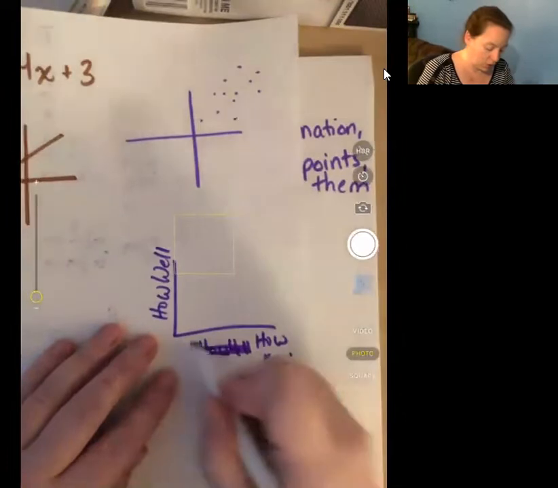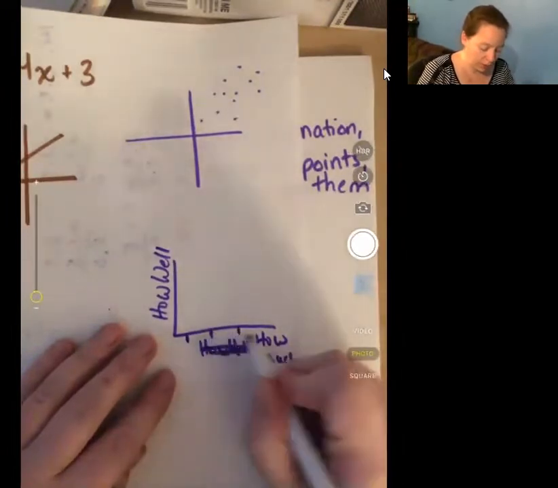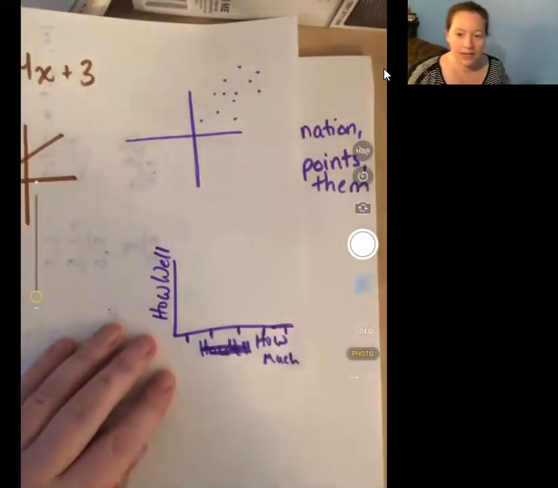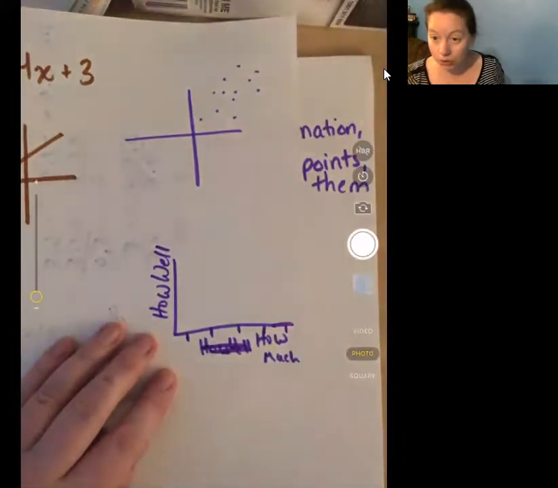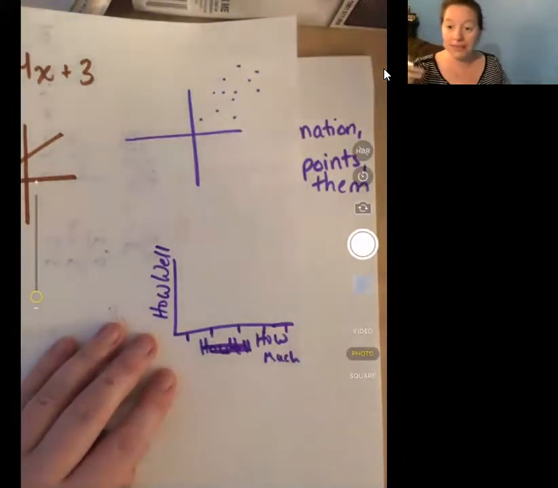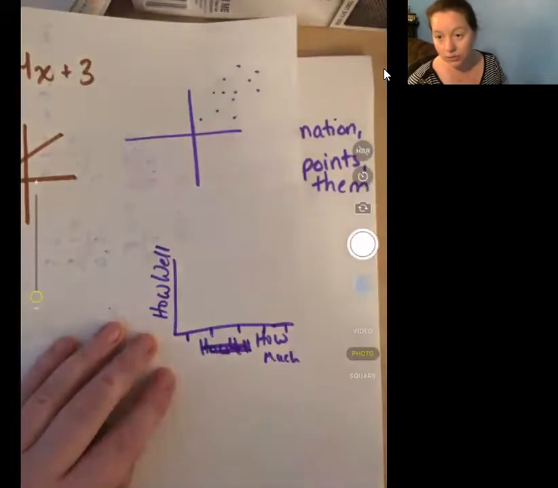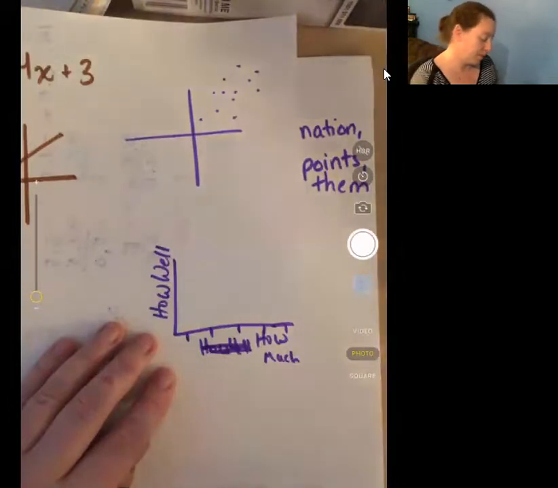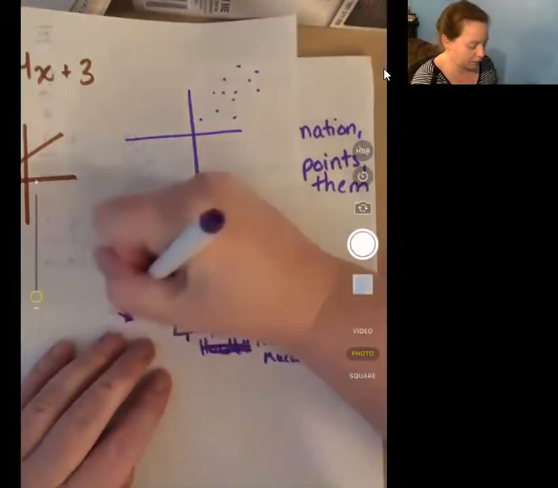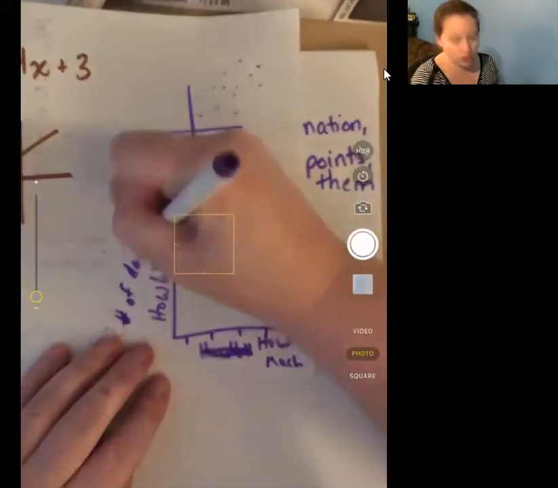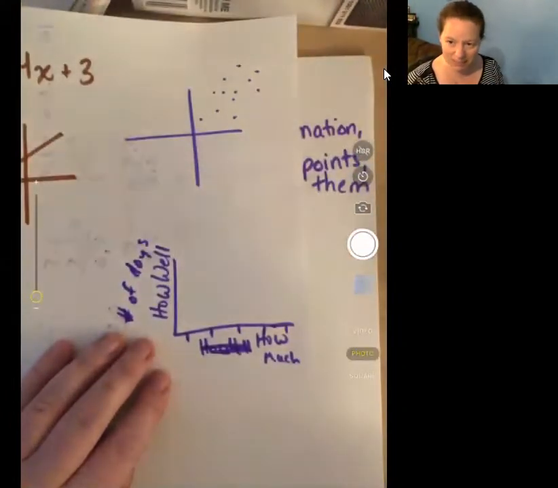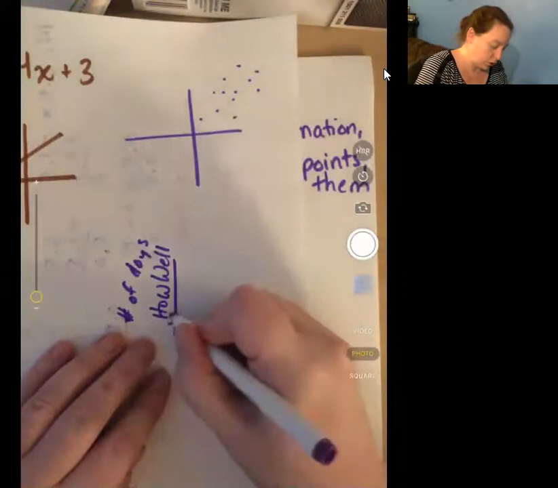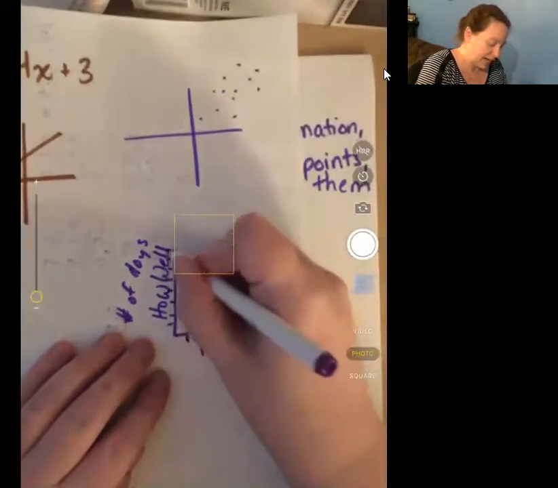So if they were given 1, 2, 3, 4, 5, then each individual person would have been given a certain amount. The vertical axis would probably be the number of days it took them to get better, something like that. So 1, 2, 3, 4, 5, 6, 7, 8.